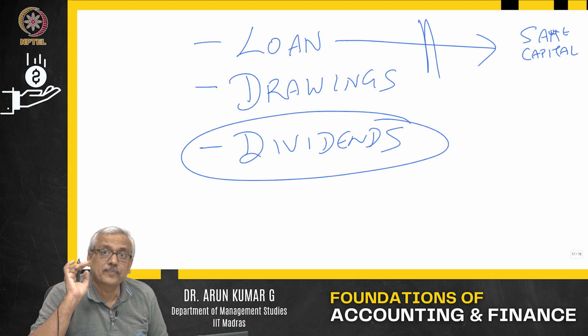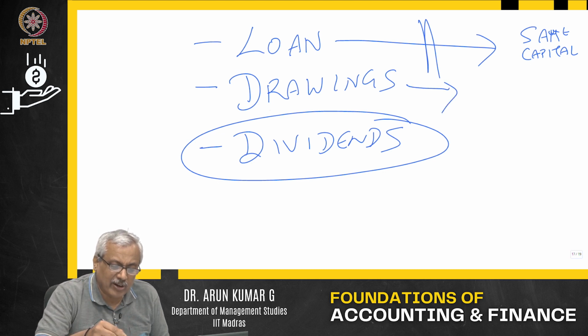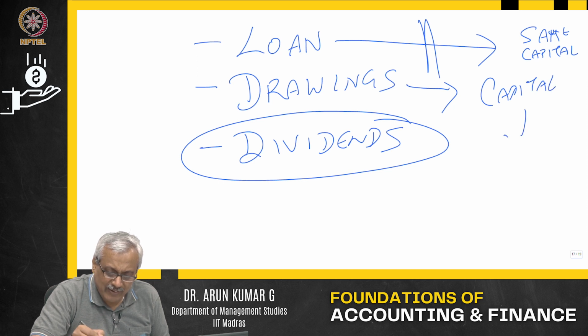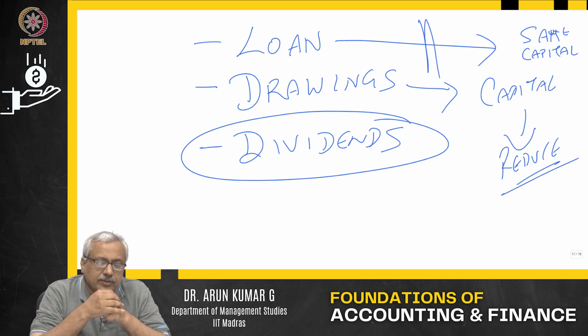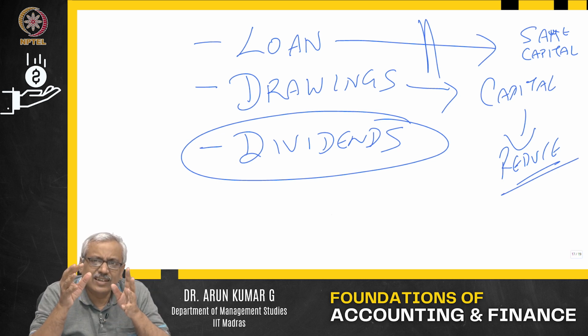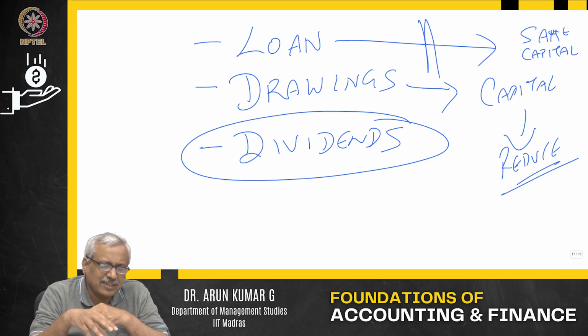So it is there. If it is in the form of drawings, what happens? The capital they have given will reduce. So a director can take, or a partner can take money out in these forms, loan and drawings.